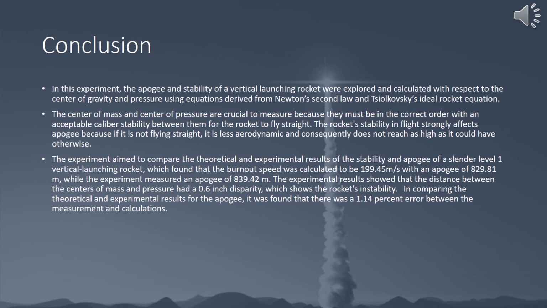The experimental results showed that the distance between the centers of mass and pressure had a 0.6-inch disparity, which shows the rocket's instability. In comparing the theoretical and experimental results for the apogee, it was found that there was a 1.14% error between the measurements and calculations.